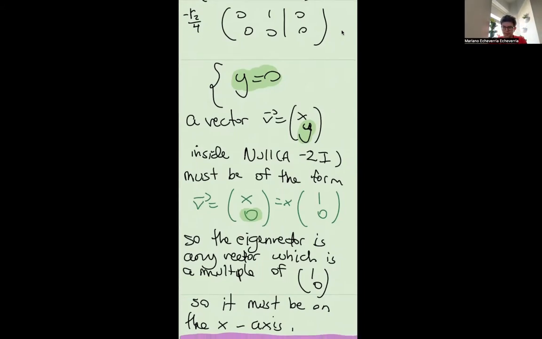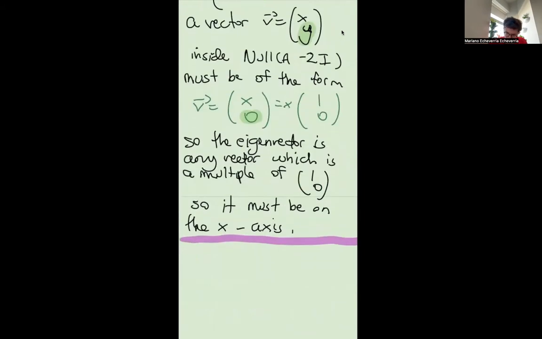And then there was another eigenvalue, right? There was a second eigenvalue. Let's see if I can put a different color for this one. So we also had the eigenvalue lambda equals minus 2.